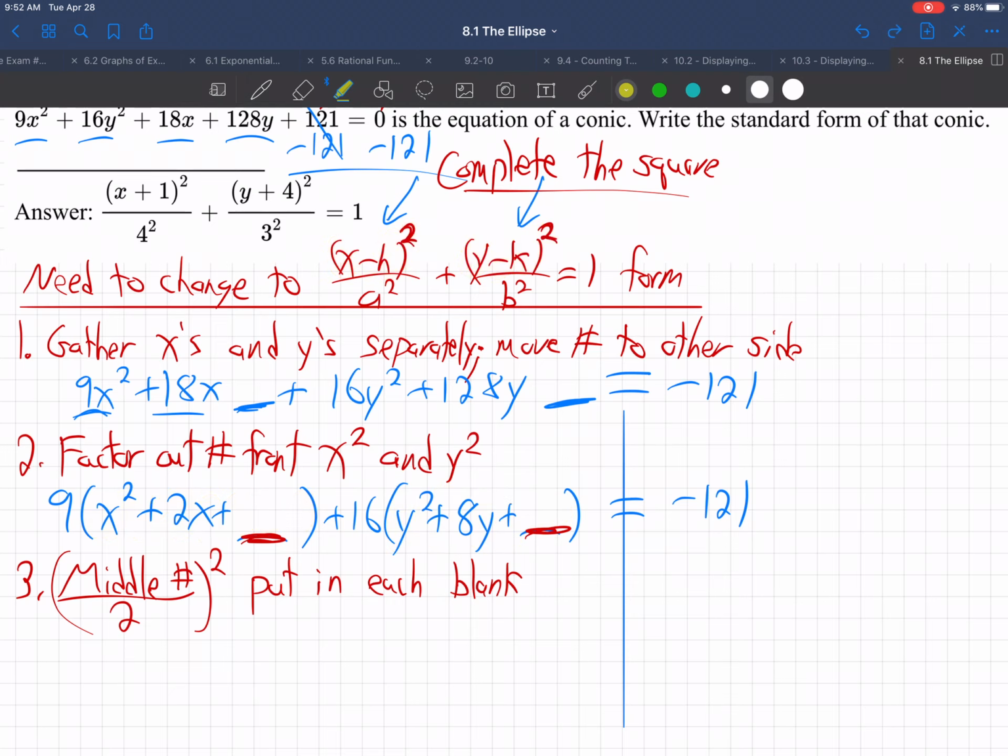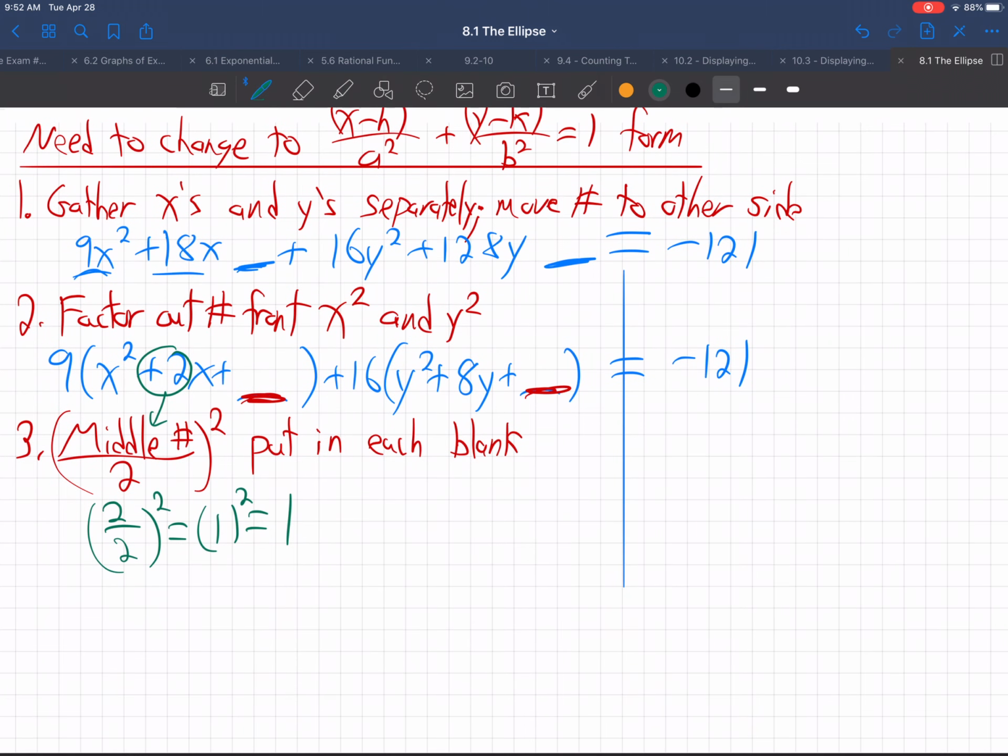So how do you do that? Well, how you do that is this trick right here that I'm talking about. I'm saying you've got to take the middle number over 2 squared. So this is the middle number. So 2 over 2 squared, that's 1 squared, that's 1. So that's what you've got to put in that blank.